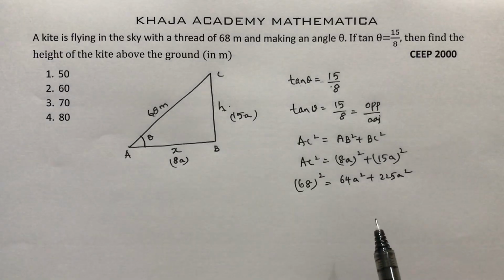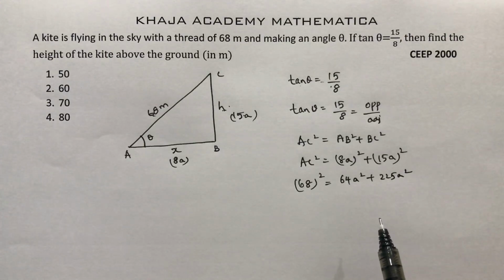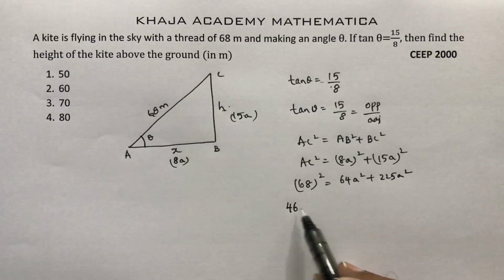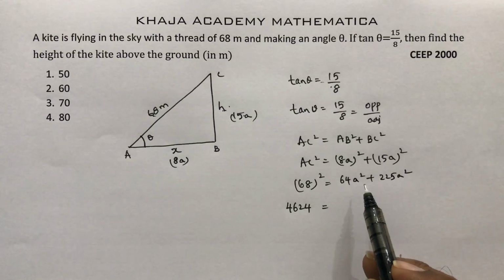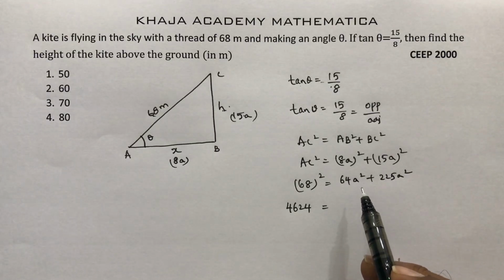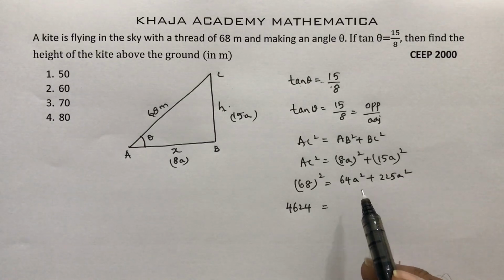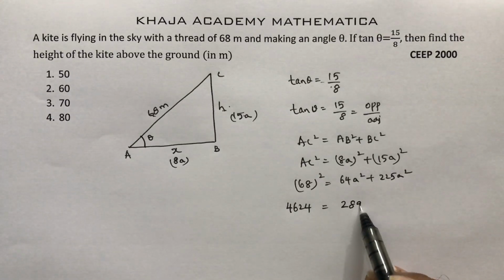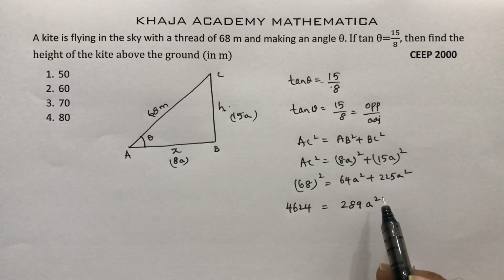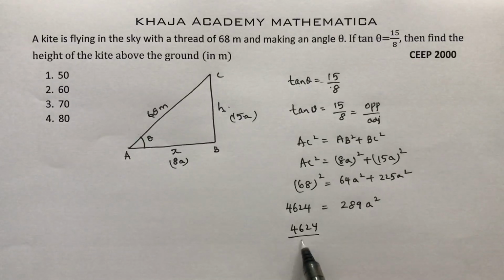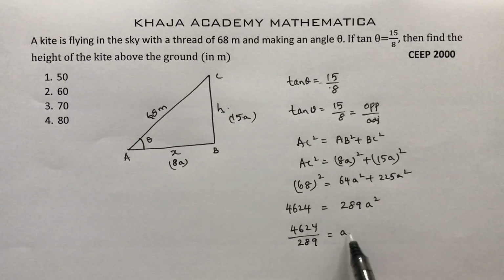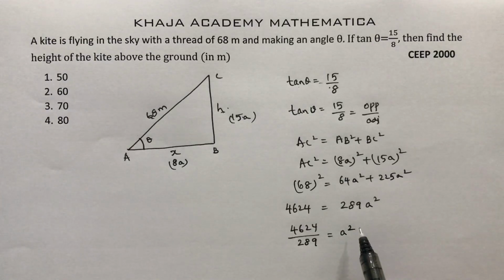And 68 times 68 is 4624. 64 plus 225 is 289A square. So 4624 by 289 equals A square.